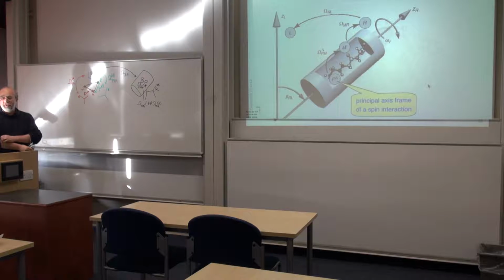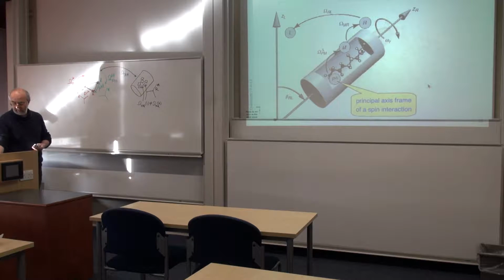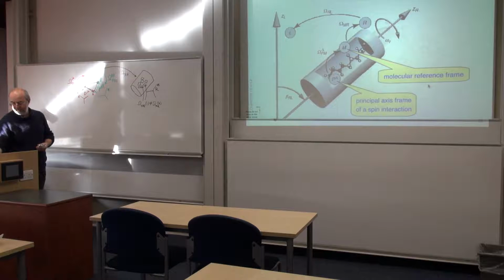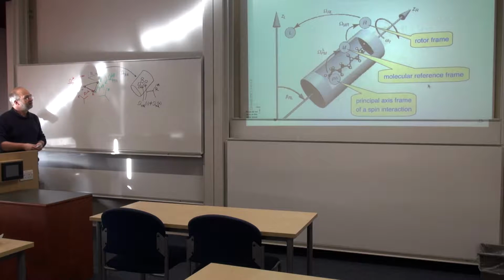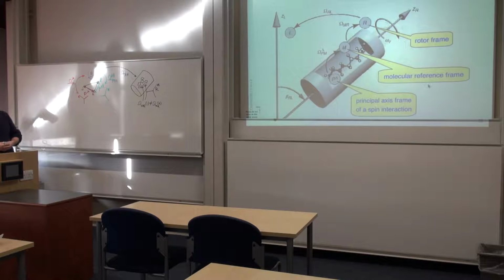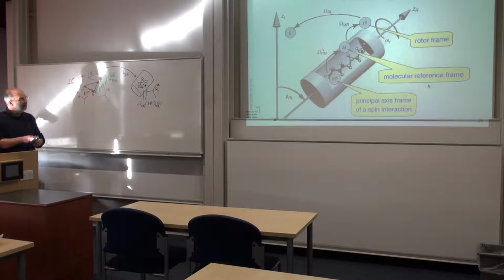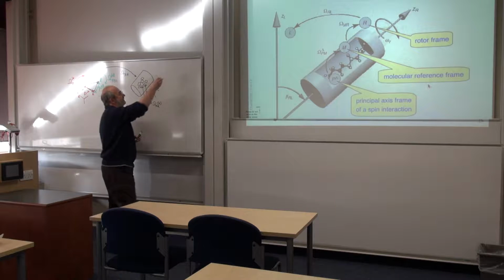And in fact, there'll be a large number of them in general, many thousands of small crystallites, each with different molecular orientations. So we have the molecular reference frame and the rotor frame. And then finally we have the magnetic field.